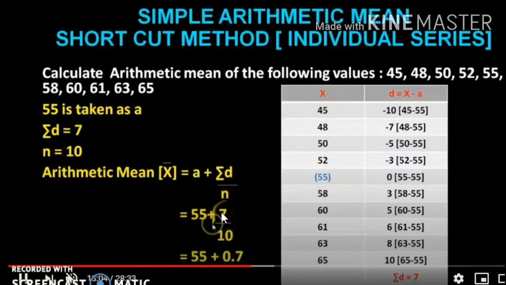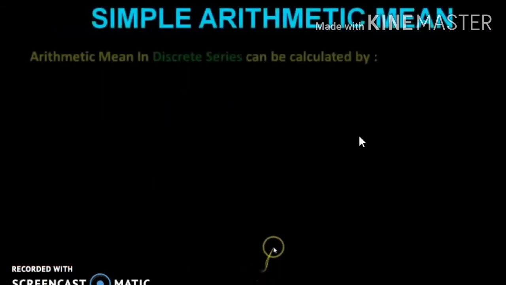As per the BODMAS rule, you first divide, then add. So 7 divided by 10 is 0.7, and 55 plus 0.7 is 55.7. So that is the answer for the question.